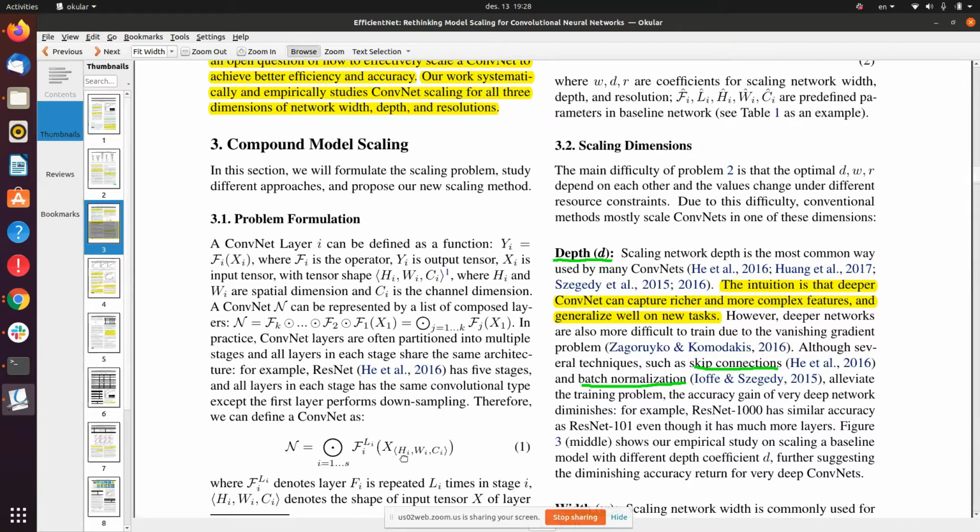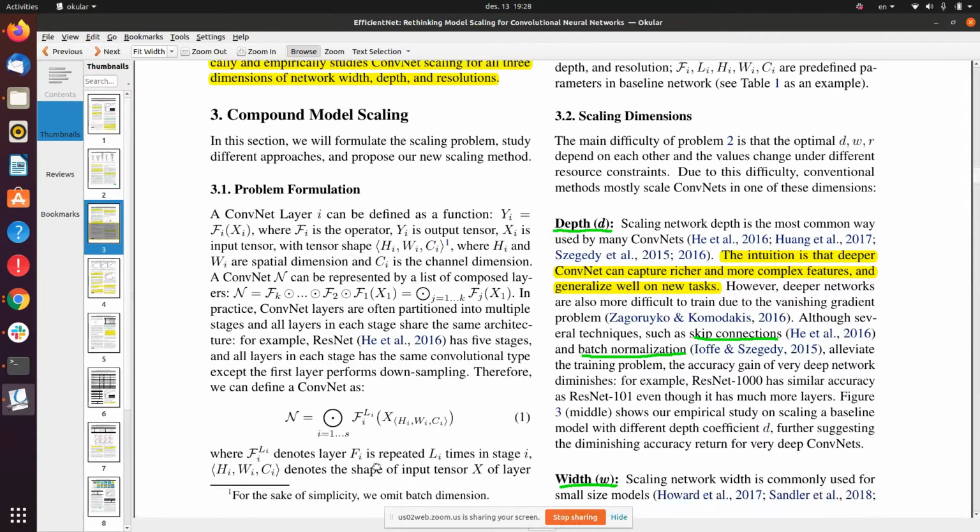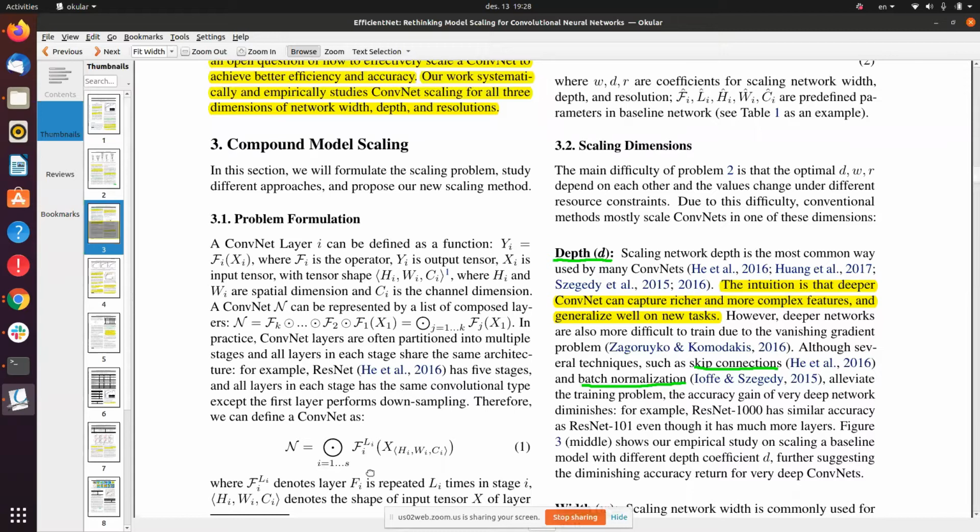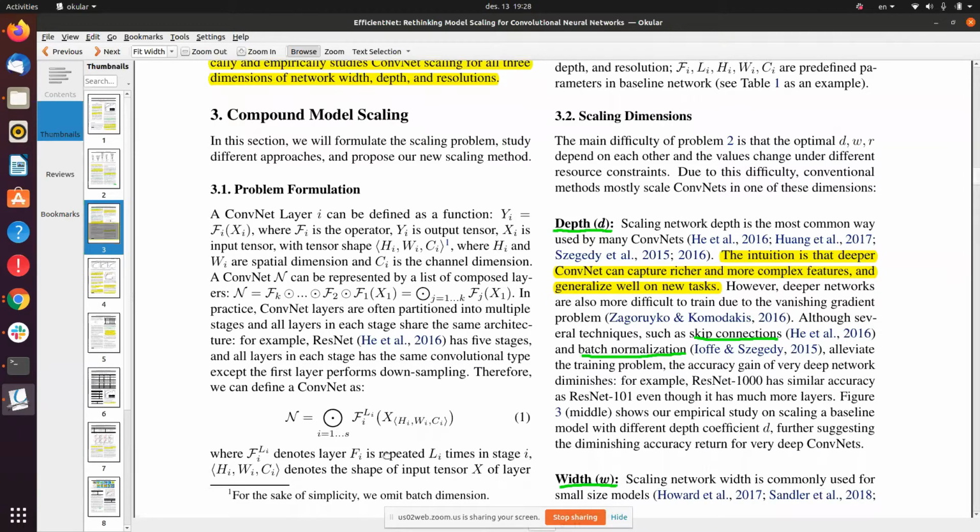Here H, W, C are the spatial dimensions, height, width, and channels, X is the input, and Fi is the operation that you apply. It aggregates convolution, activation, and the activation map. They formulated the whole CNN design as equation 1.